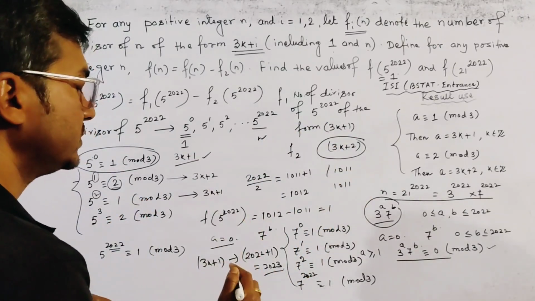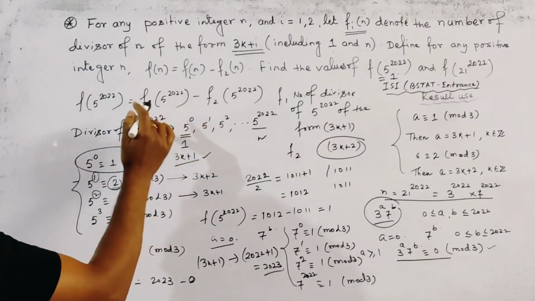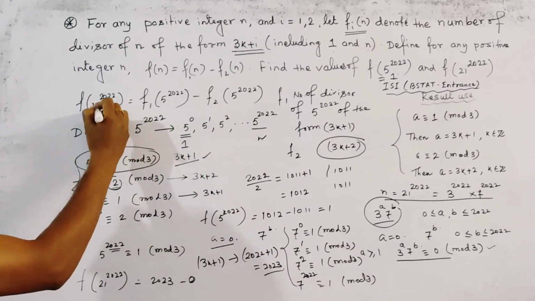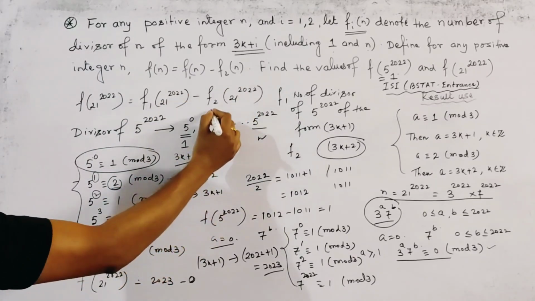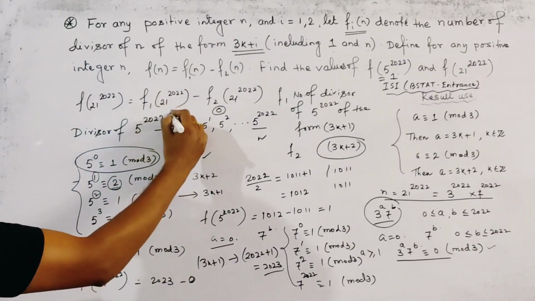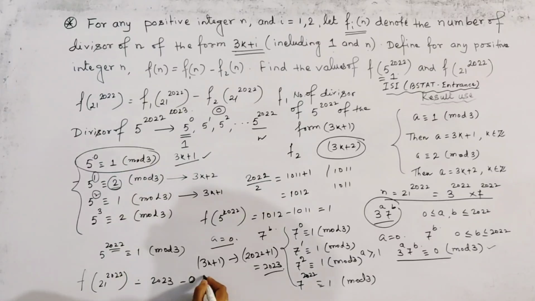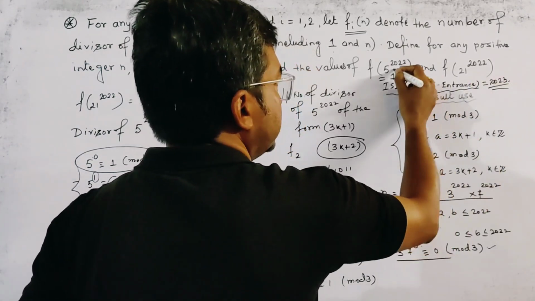So f of 21 to the power 2022 is given by 2023 minus 0, because the second term, the number of divisors of the form 3k plus 2, is 0, and the first term is 2023. So our result is 2023, and the first result is 1.